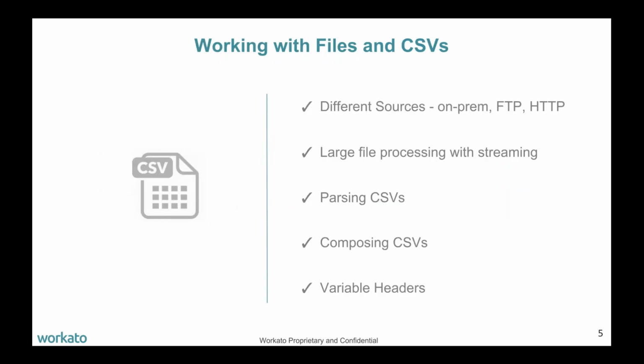But with that said, here are some of the concepts that we're going to cover today. The more advanced features that our customers use when working with files and CSVs. And right off the top, of course, working with different sources. CSV files can come from on-premise networks and systems.